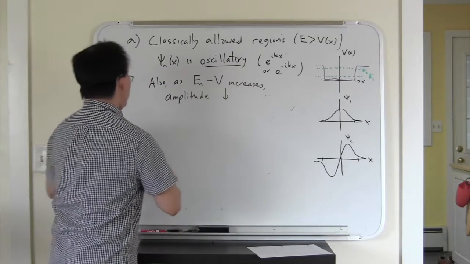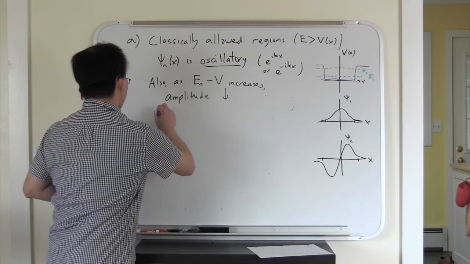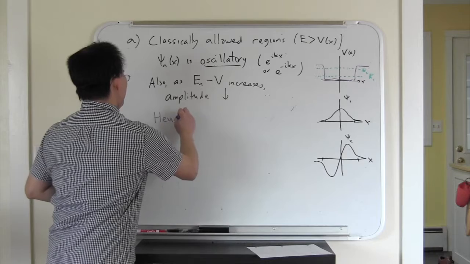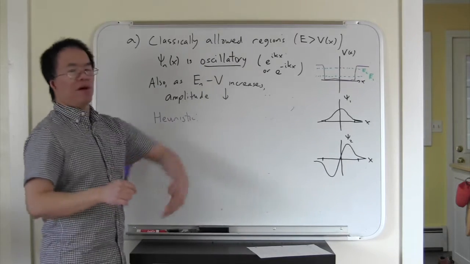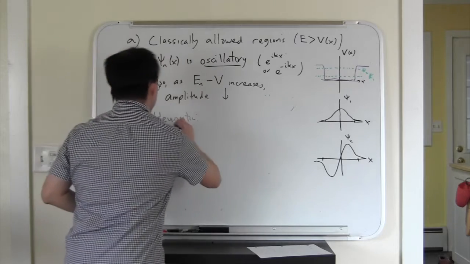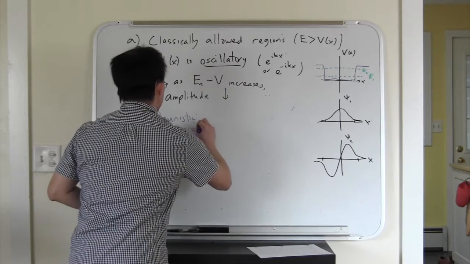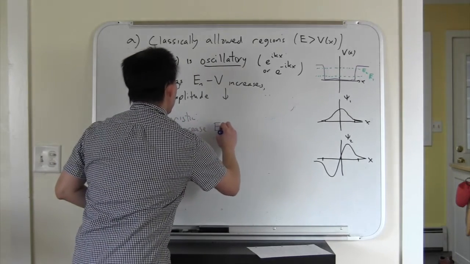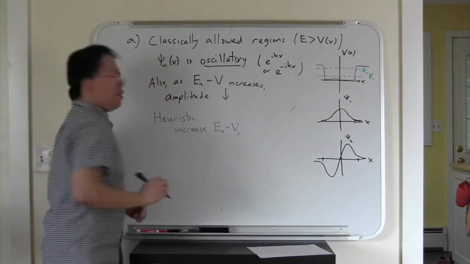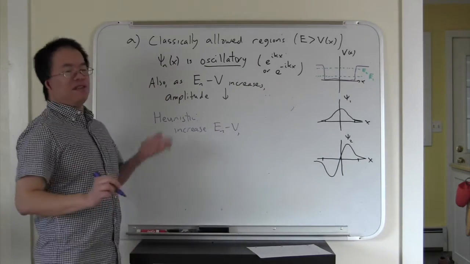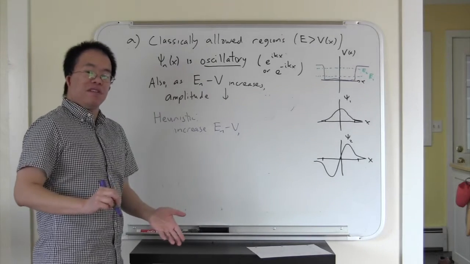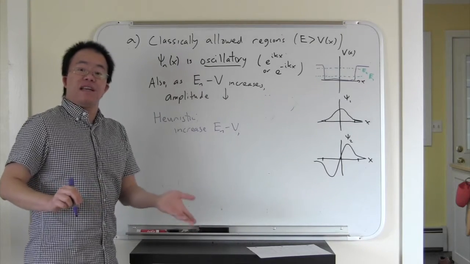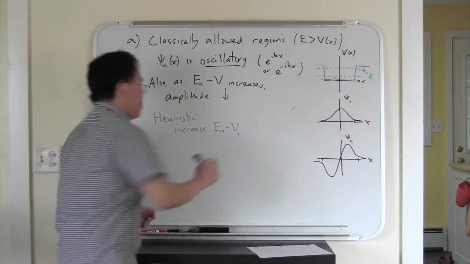So, having a larger En minus V, right? Well, if I increase the energy compared to the difference between the total and the potential energy, what happens to the kinetic energy? It has to go up, right?